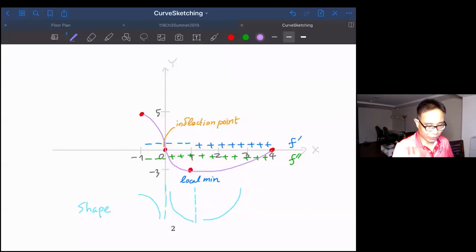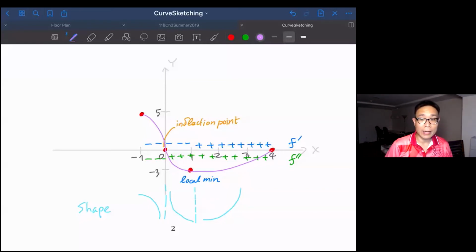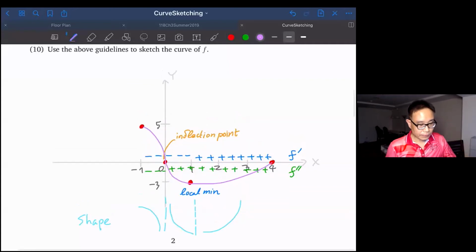Okay, so this one I'm more satisfied with because it's not going to be lower than the local minimum. So this is all of it. You use the above guideline in order to determine the shape of the graph, and you'll be able to get everything that you need.